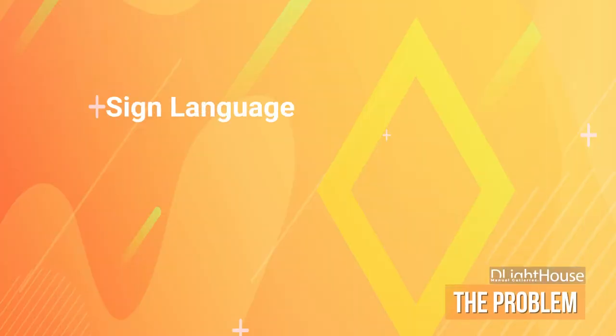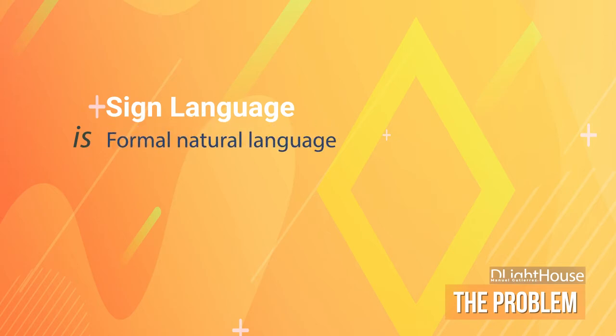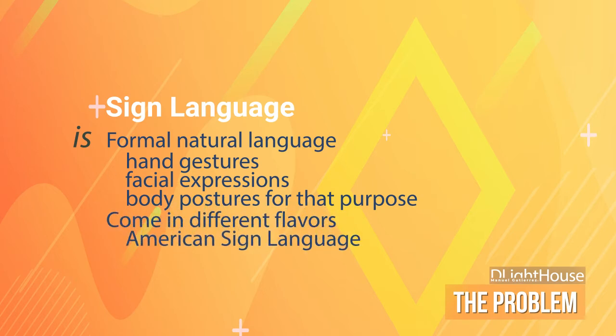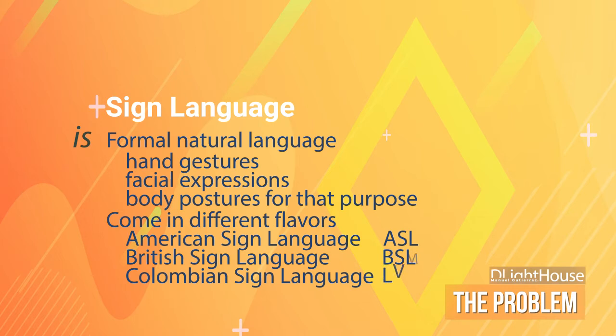A signed language is a formal natural language that, instead of using sounds for communication like English or Spanish does, uses hand gestures, facial expressions, and body postures for that purpose. Sign languages, like spoken ones, also come in different flavors like American Sign Language, ASL, British Sign Language, BSL, Colombian Sign Language, LSC, and so on.